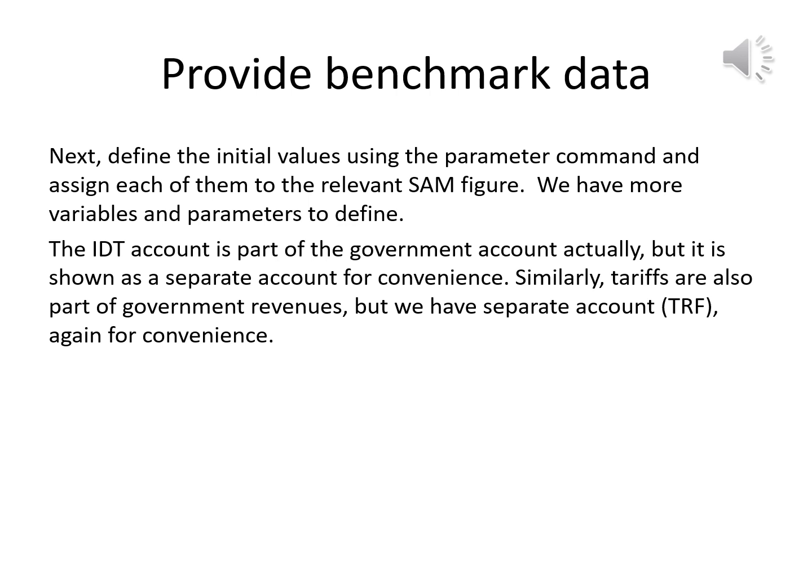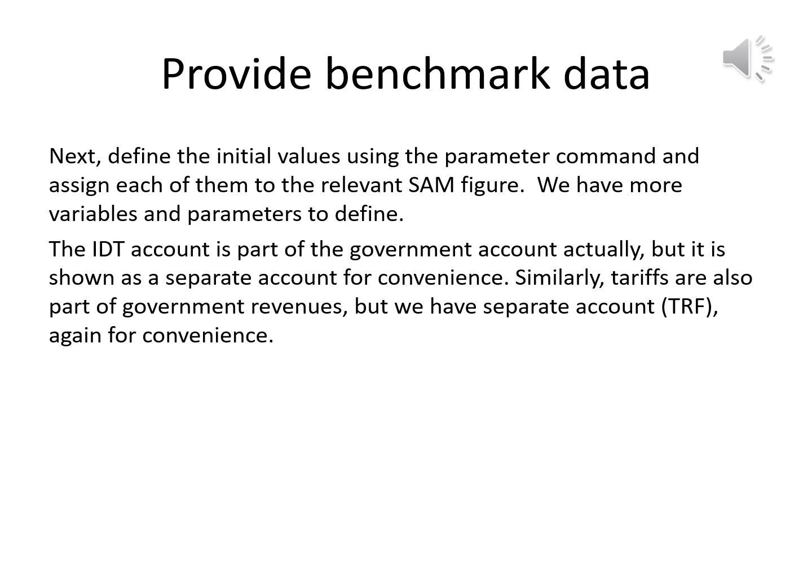So what we do here is, as you will remember, in the CGE model we also provide the benchmark data. And we will use these parameters also as initial values of the variables later on. Because we have to extract this data from the SAM later on, we want to make it more convenient for us to find those data.